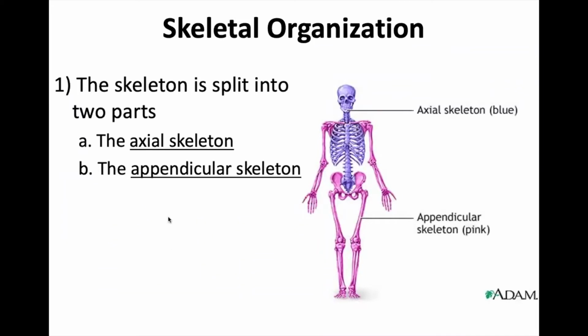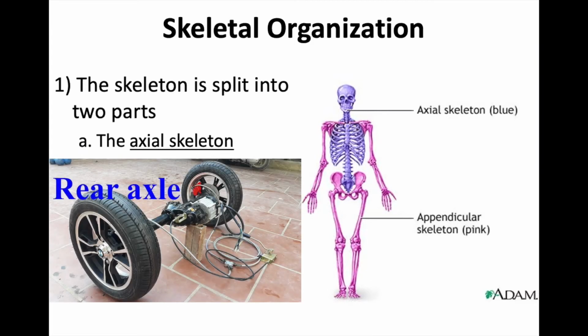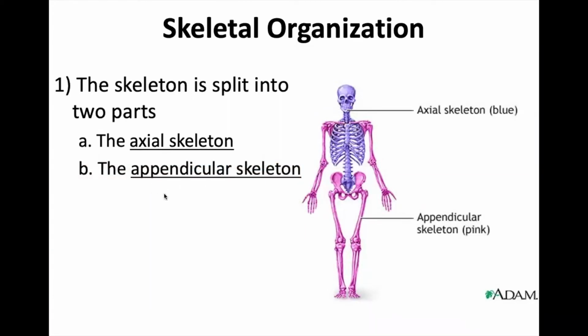If you know anything about cars, that is a straight piece of metal going from one tire to another tire, holding them together, and that's what your axial skeleton is, just a straight line right down the middle of the body. And then appendicular has to do with your appendages, which is another fancy word for your limbs. All right, so this is your limb skeleton, upper limbs and lower limbs.